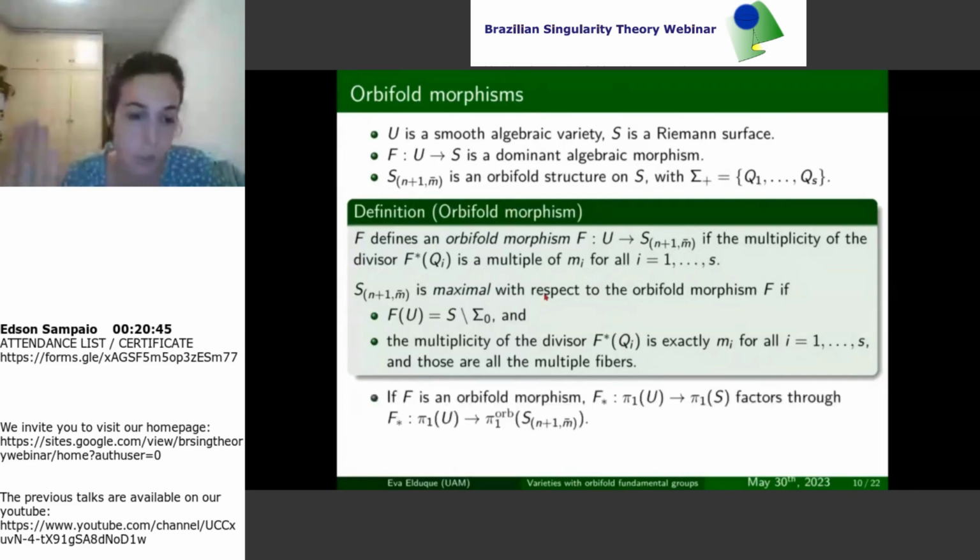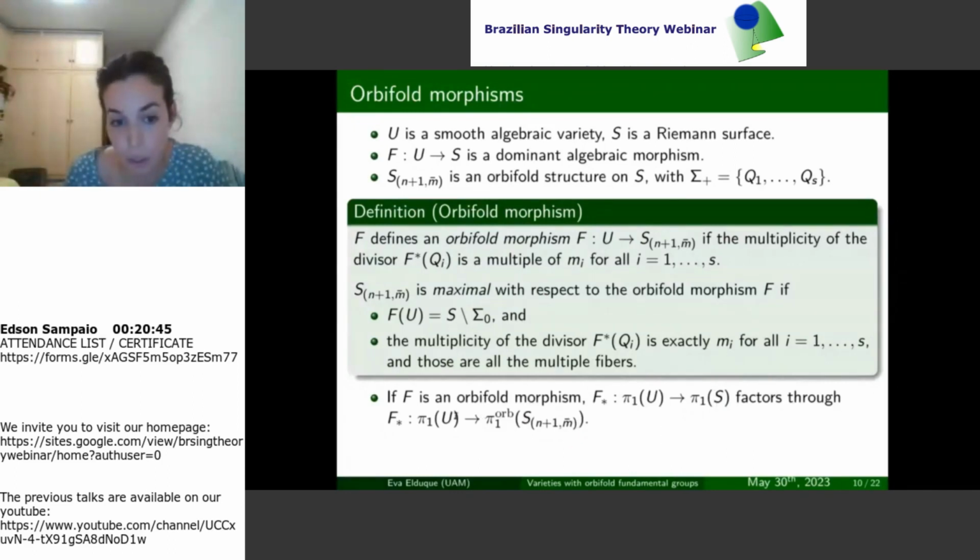And one thing to note is that if F is an orbifold morphism, then, well, you always have a map induced at the level of fundamental groups, but this map is going to factor through the orbifold fundamental group of S. And the idea here is that this thing will be finer than this.